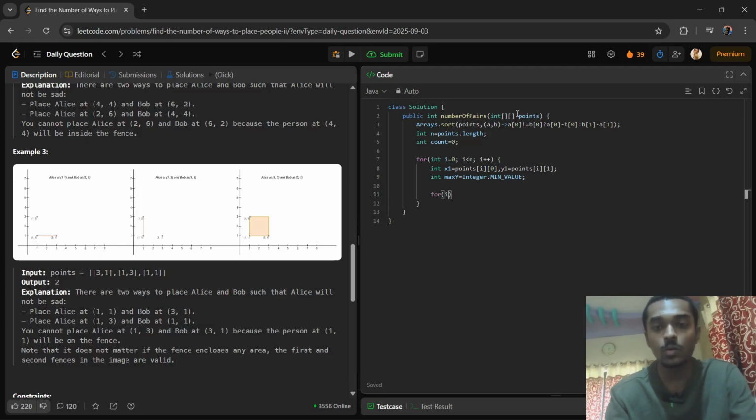Now the second loop is for our Bob, and Bob starts at i plus 1, because we sorted in ascending order, so we don't need to check backward. j less than n, j plus plus.